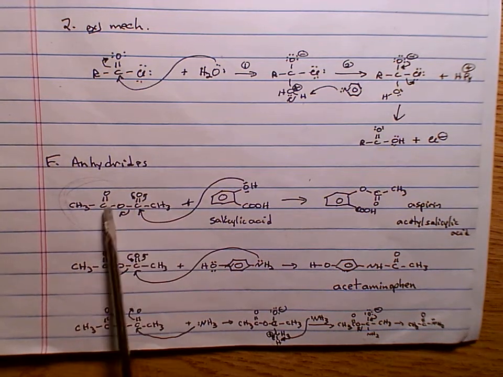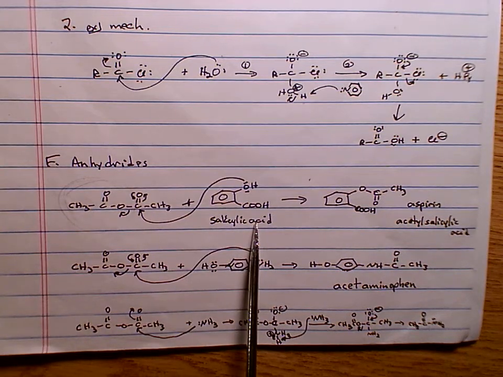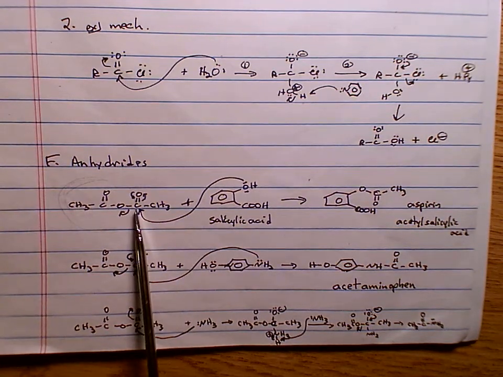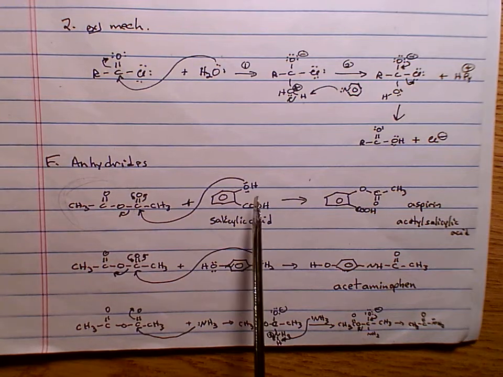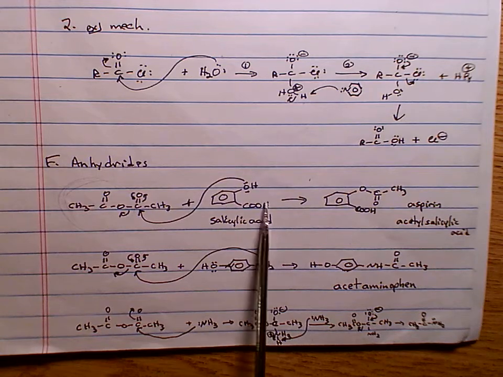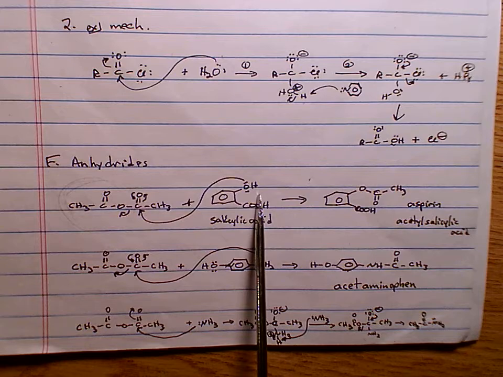So if we take this anhydride, acetic anhydride, and take something like salicylic acid here, this oxygen of the OH will attack this carbonyl. Note, this oxygen of the OH is more nucleophilic than either of the two oxygens of the carboxylic acid part, because a carboxylic acid has a pKa of 4 to 5, while alcohols normally have a pKa of about 16.